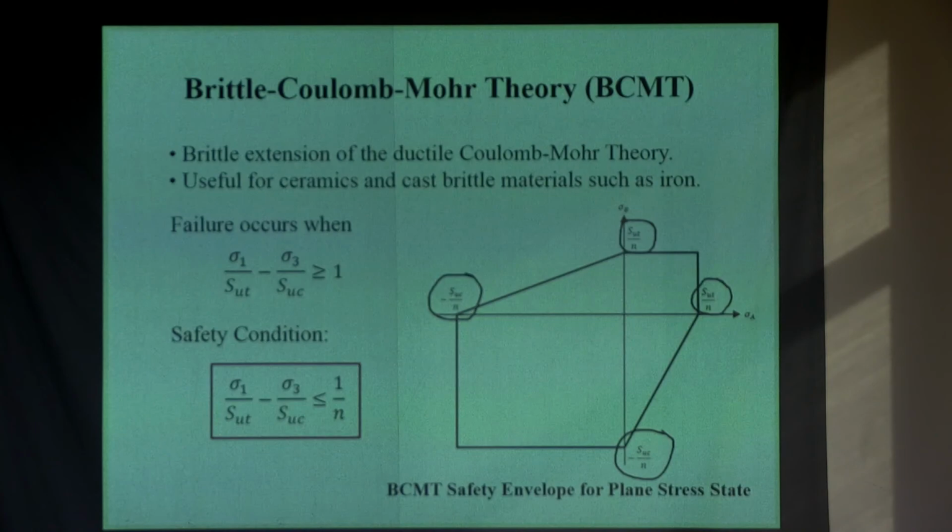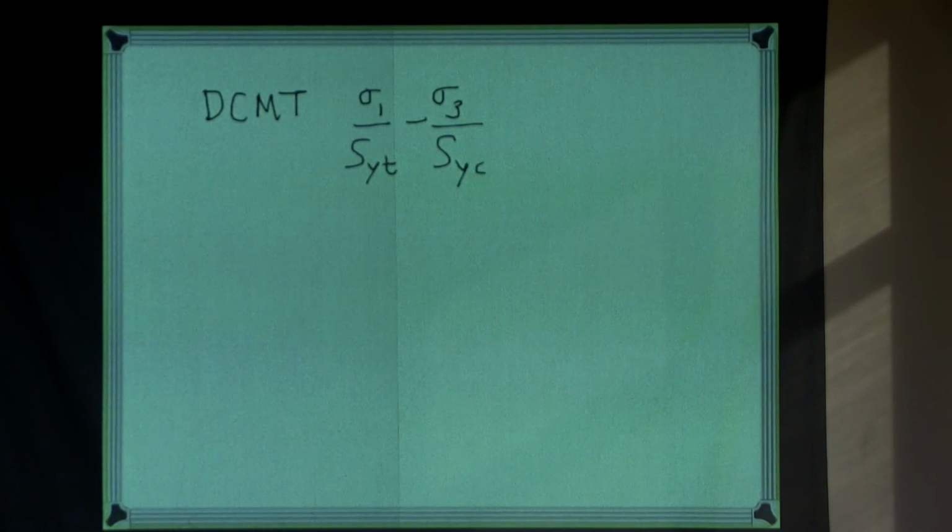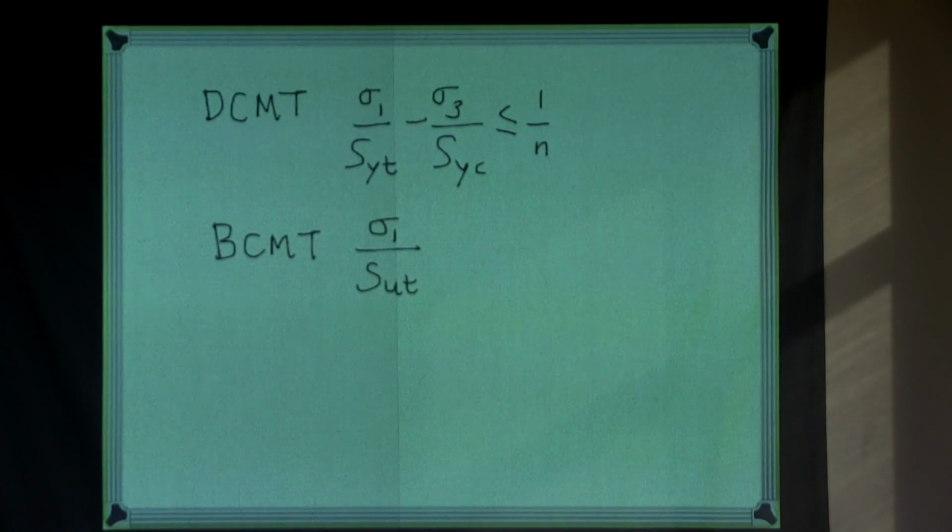So again, to recap this, DCMT is only for ductile materials, and it is sigma 1 divided by S_YT minus sigma 3, the minimum principal stress, divided by S_YC should be less than 1 divided by N. And your brittle Coulomb theory, BCMT, is nothing but sigma 1 divided by S_UT minus sigma 3 divided by S_UC, less than or equal to 1 divided by N. For brittle materials, there's no yield strength.